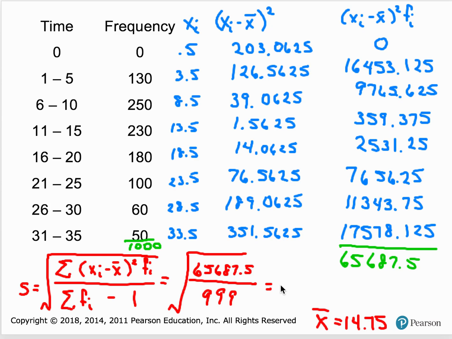The square root of 65,687.5 divided by 999. For 8 point, and I'm going to round this to 3 decimal places just for our sake right now, 8.109. Okay, I'm going to write this down too.